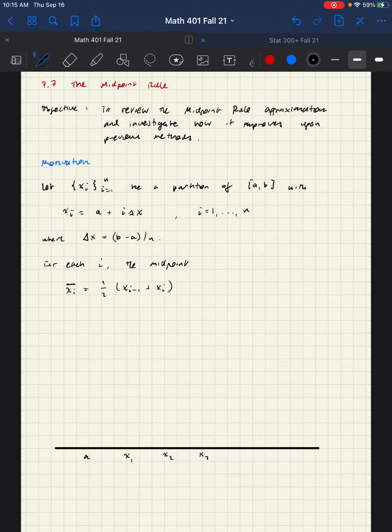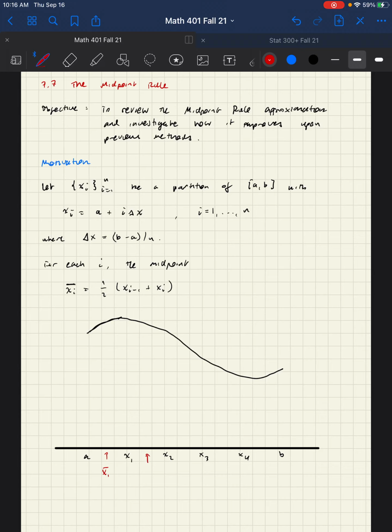The idea here is x1, x2, x3, x4. That should be enough. Okay, so I'm going to draw again some curve. There we go. So this time what we're going to do is find the midpoints.